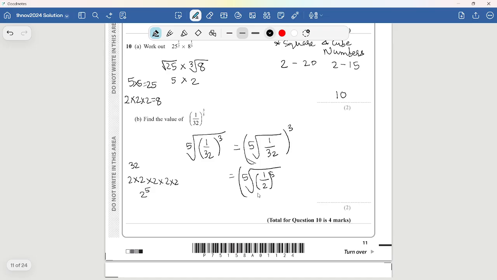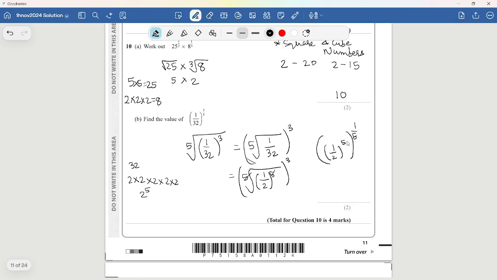So 1 over 2 to the whole power of 5 is equivalent to 1 over 32. And don't forget to put this cube outside. Now inside the parentheses we have a fifth root of half to the power of 5. So this 5 and this fifth root cancel out. How does that happen? Fifth root is as good as saying the power is 1/5.